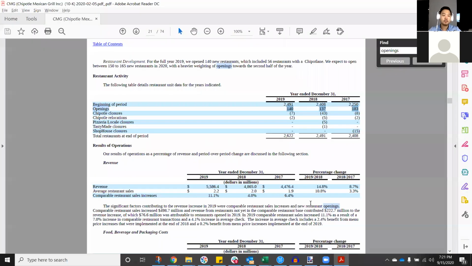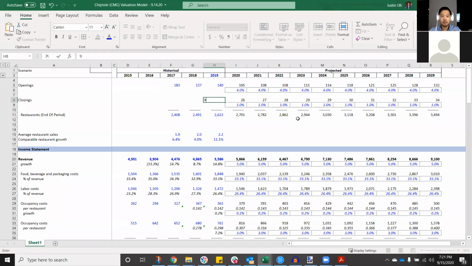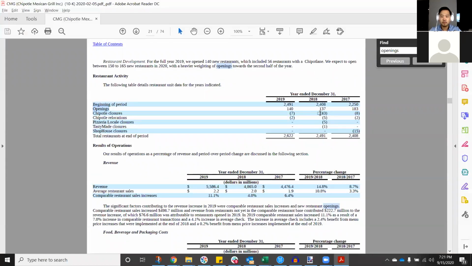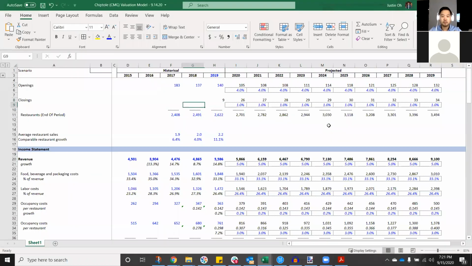And again, this is more complicated. It does seem like they have some experimental pizzeria locale, Tasty Made, Shop House. I've never heard of those, but let's just take, so 9 closings in 19.